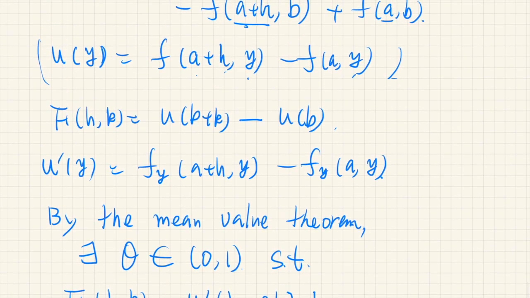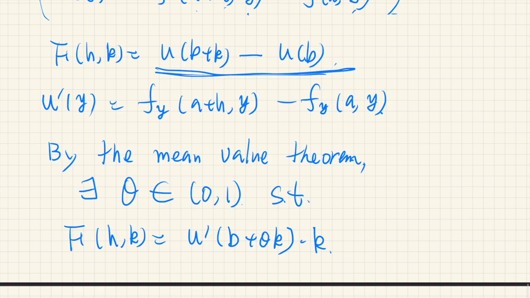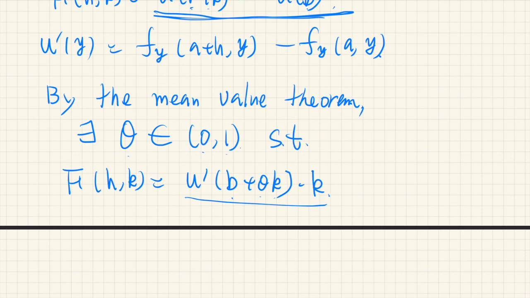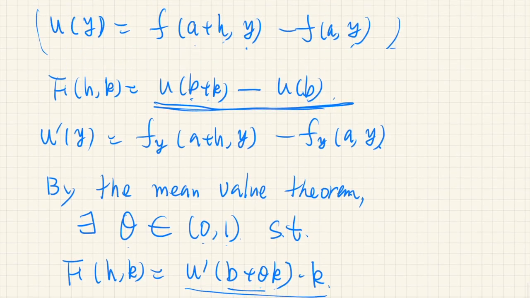Okay, so if theta is between 0 and 1, b plus theta k is somewhere between b plus k and b. So by the mean value theorem, this is the mean value. And b plus k minus b is k, so that's this one.